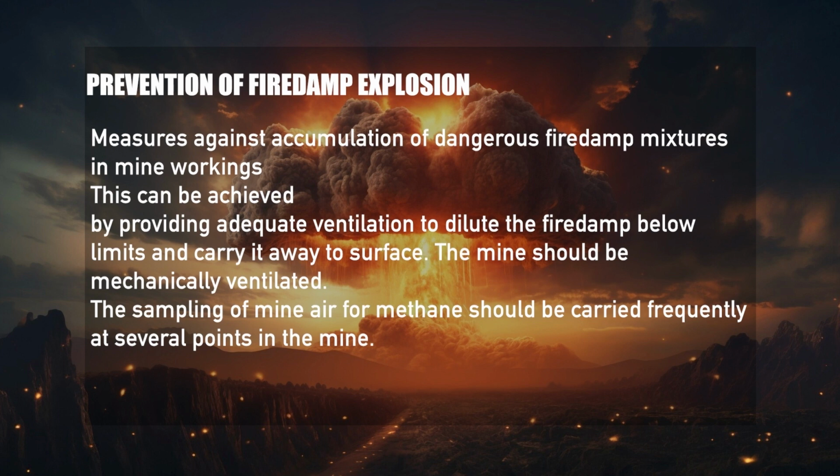So, we use a fan of sufficient capacity which delivers air at a prescribed speed that breaks any layer formed near the roof or dilutes the higher concentration of methane to the maximum allowable concentration.